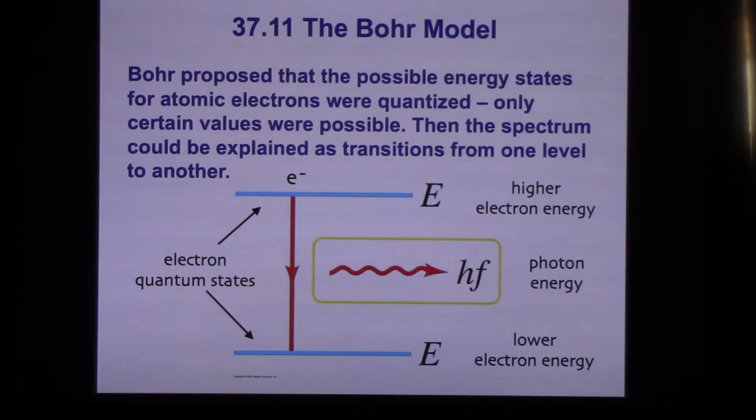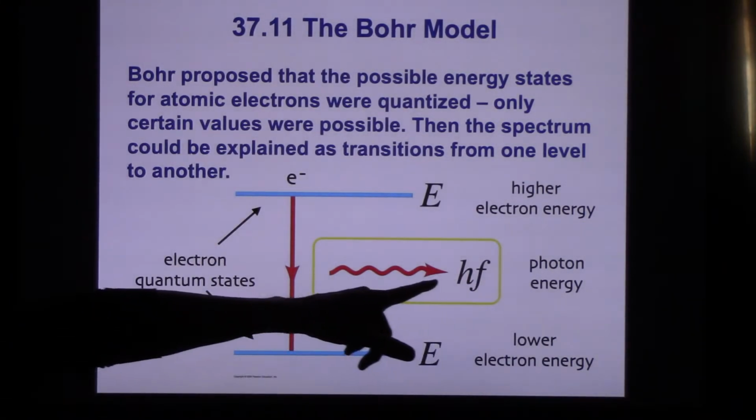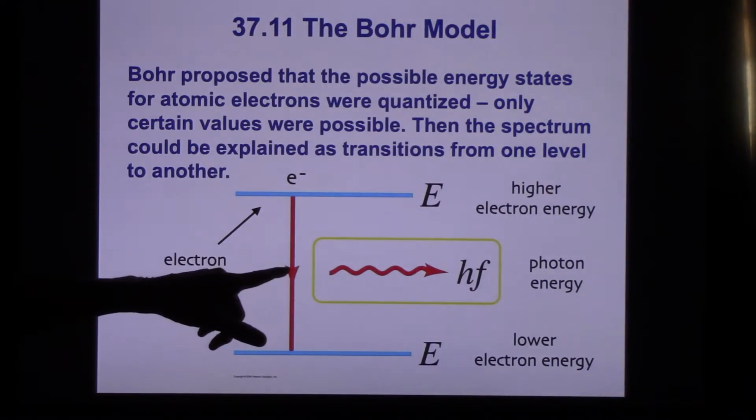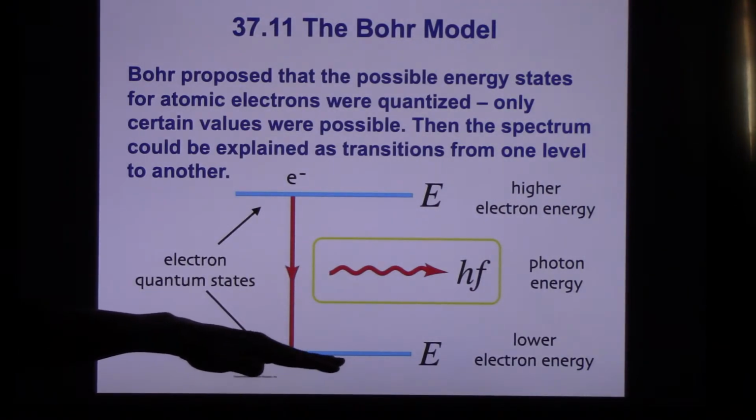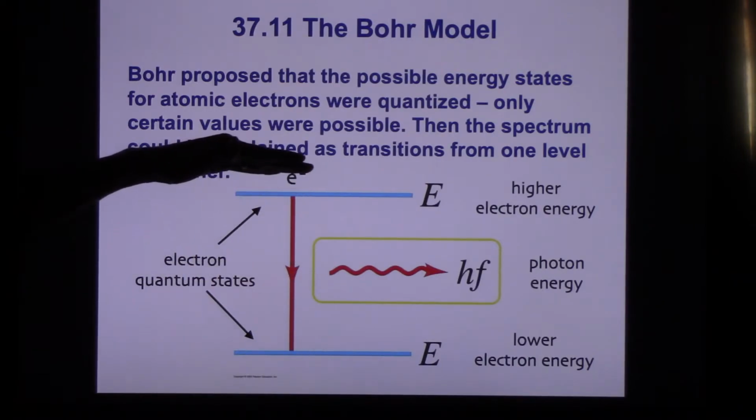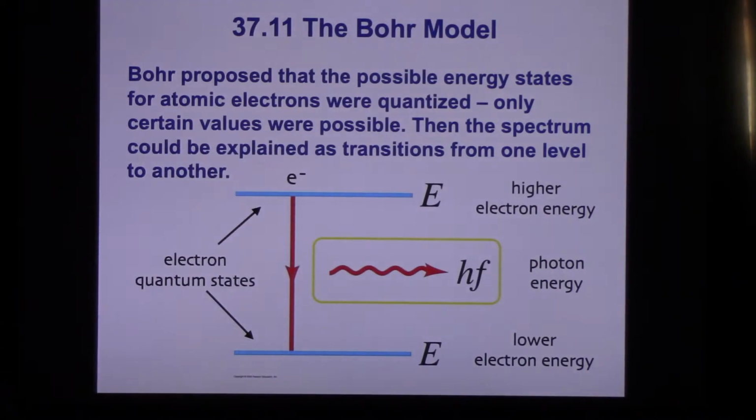Now, we could reverse that process. We could have a photon of light come in and be absorbed by the electron, and that would boost the electron back into the higher electron state. So it's this energy conservation reaction taking place between electrons and photons once again.